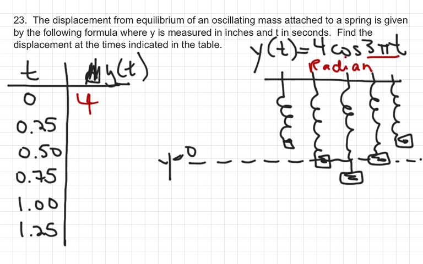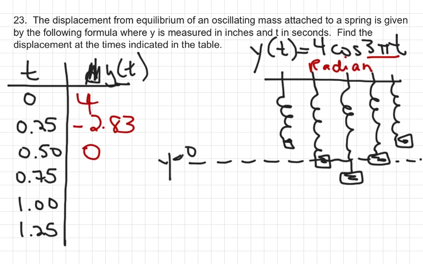Plug in 0.25 for t. 4 times the cosine of 3 times pi times 0.25 is negative 2.83. 4 times the cosine of 3 pi times 0.50 is 0.